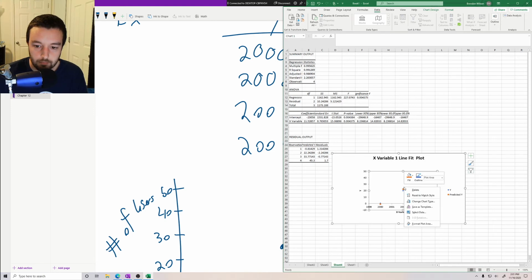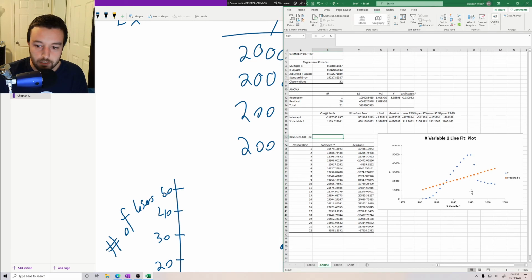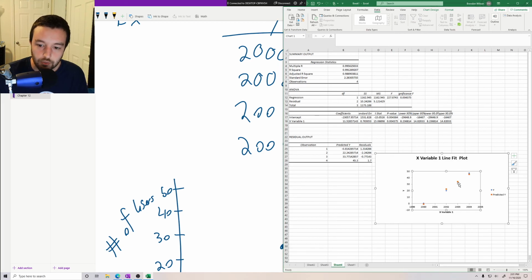I don't know if there's any way to actually connect them or not. I don't see a way to do that. Like on these ones, it didn't connect the dots either, but you can see more clearly what the shape of the line was because there were more data points. This one, there was only 4 data points, so it's hard to make out exactly what the line looks like.